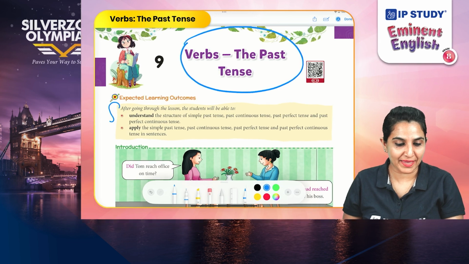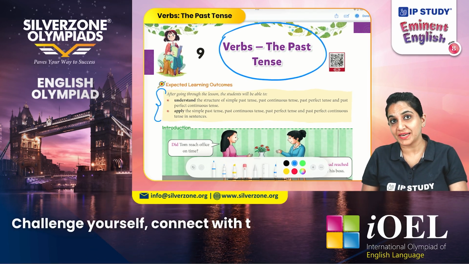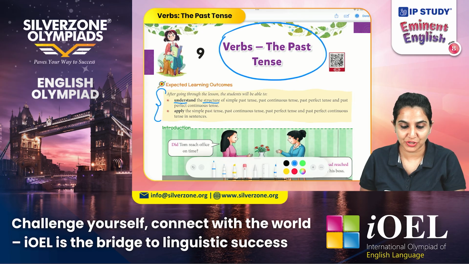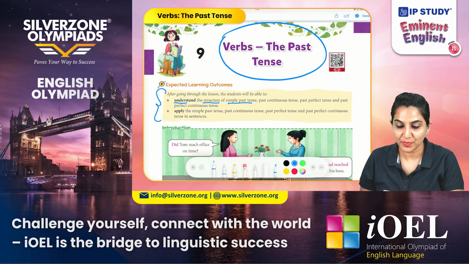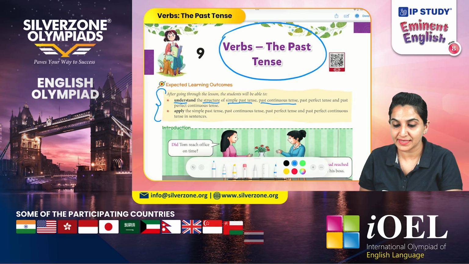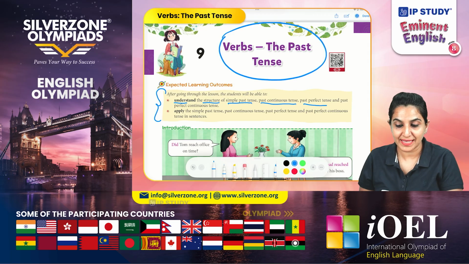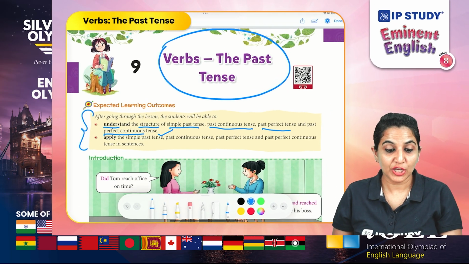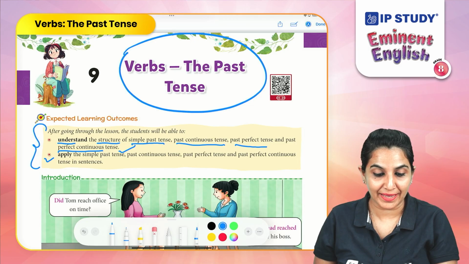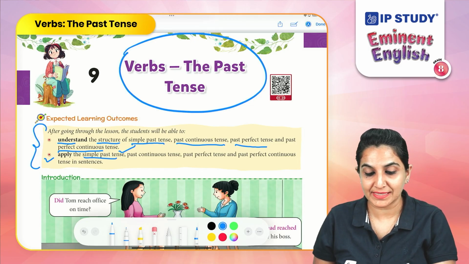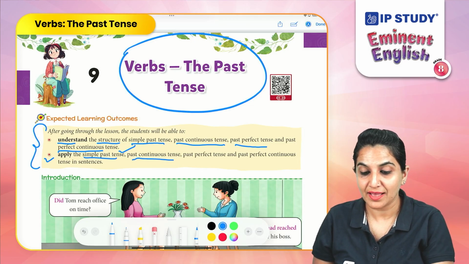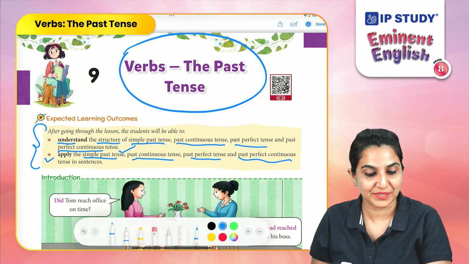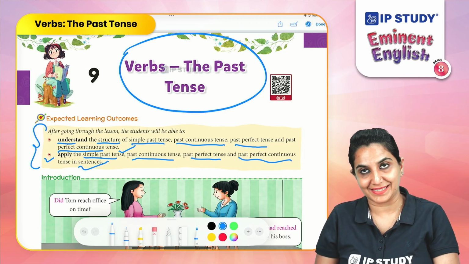Before this chapter ends, you will be able to understand the structure of simple past tense, past continuous tense, past perfect tense, and past perfect continuous tense. You will also be able to apply them in sentences.